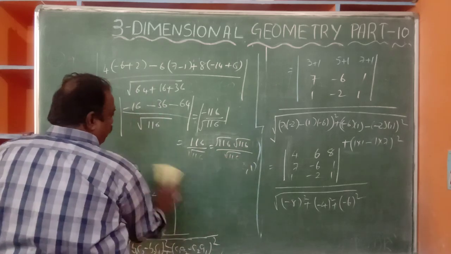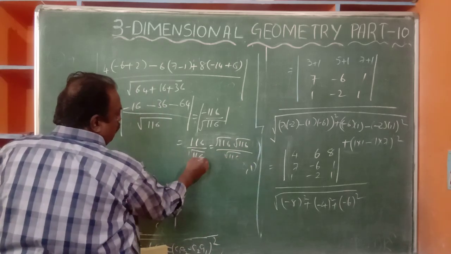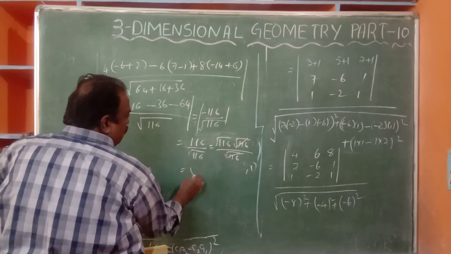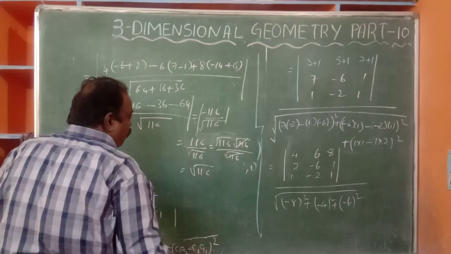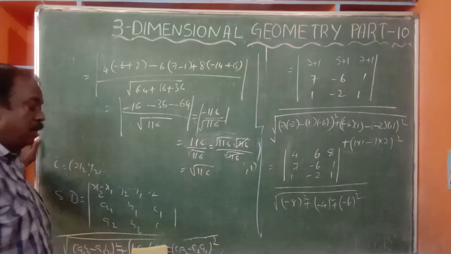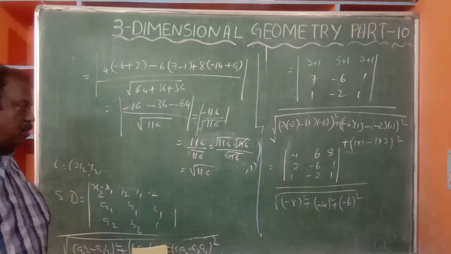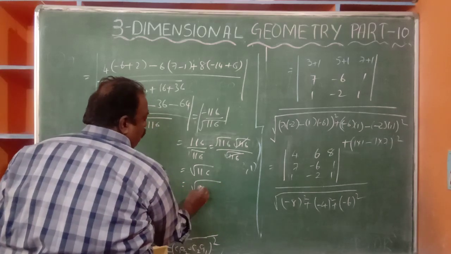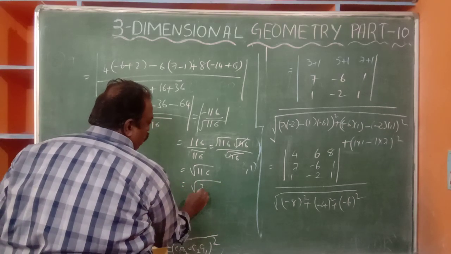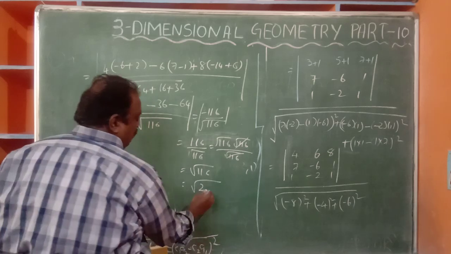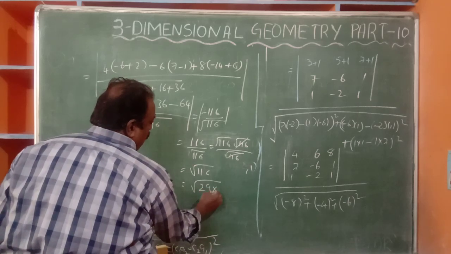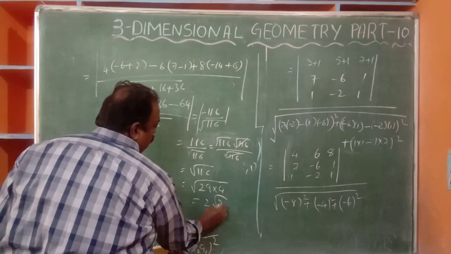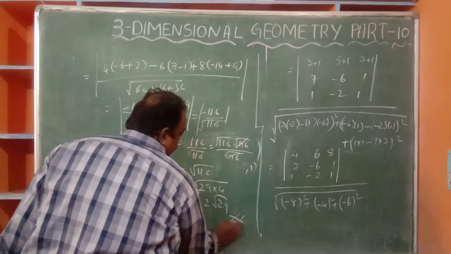How much do we get? One cancels. Root of 116, will it cancel with 4? Yes, 4 twos are 8, 4 nines are 36. Will you agree? That is 2 root 29.